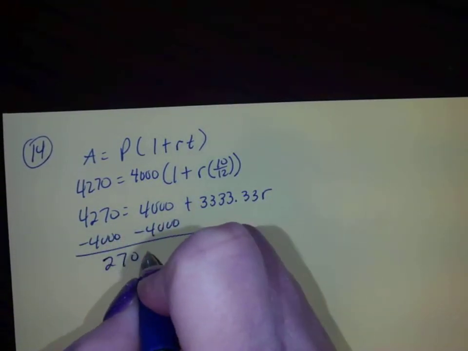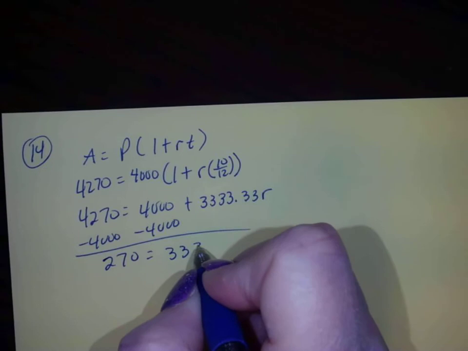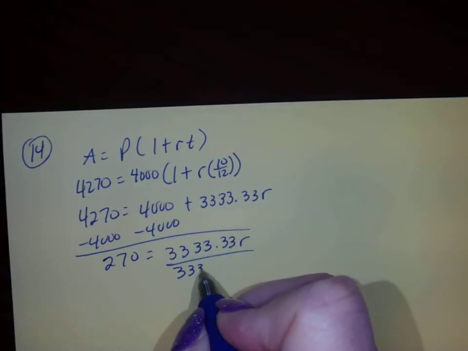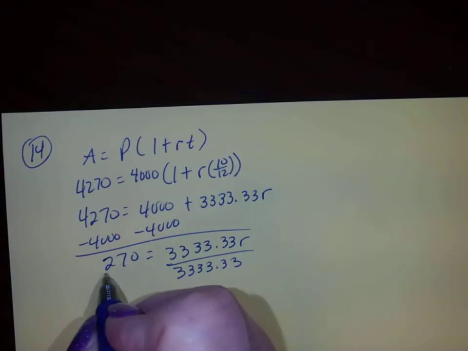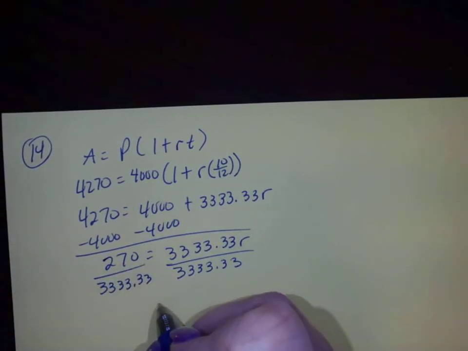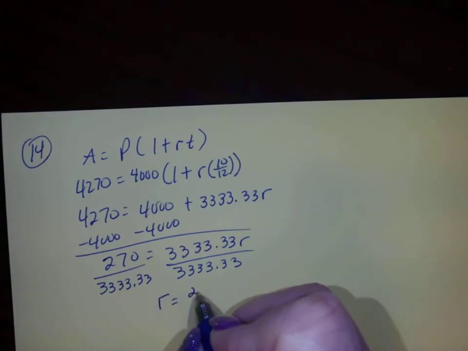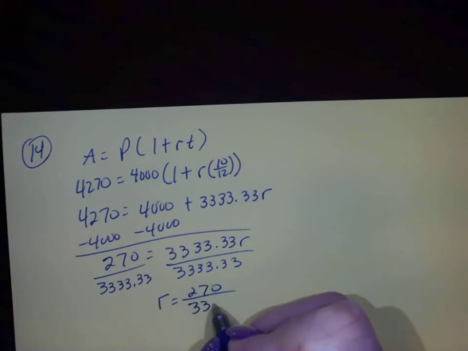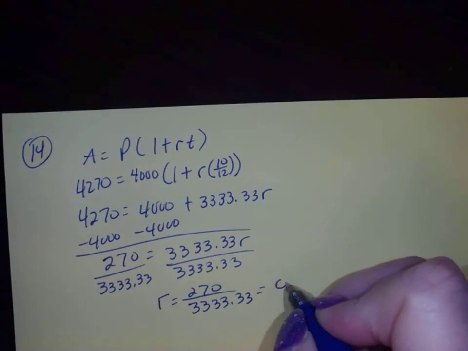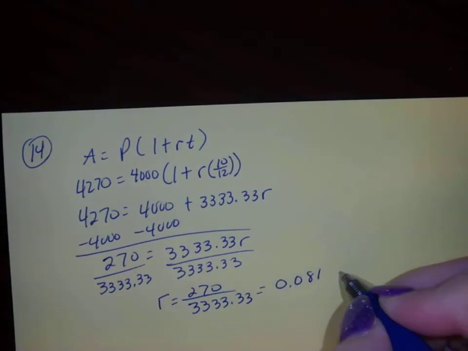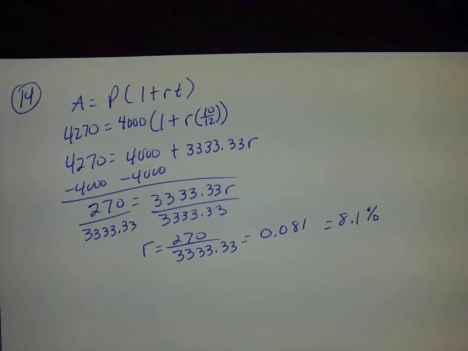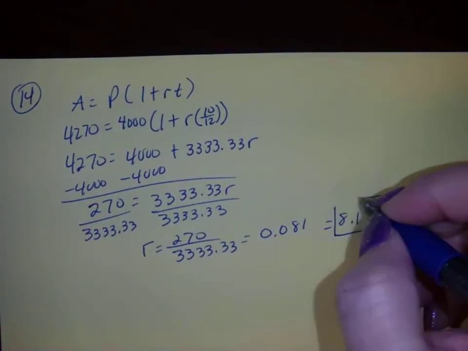And we get 270 equals 3333R. Divide by 3333. And our R is now equal to that 270 divided by 3333. And that'll get us 0.081, which will become 8.1%. So this would be our final answer.